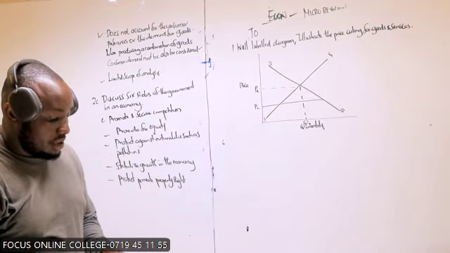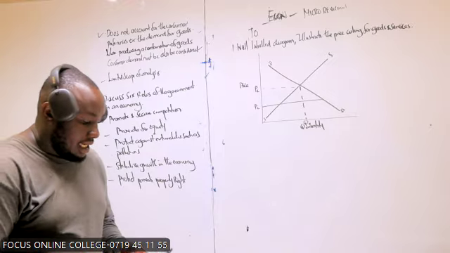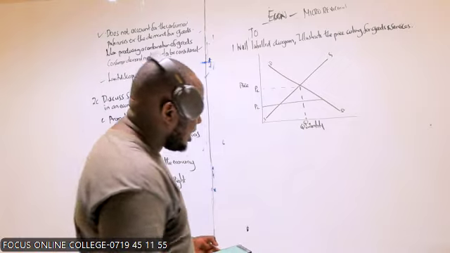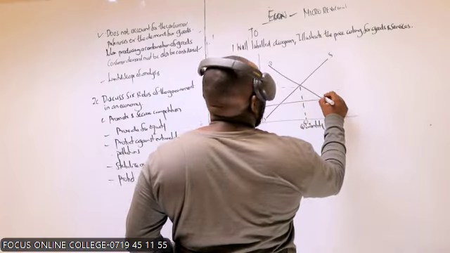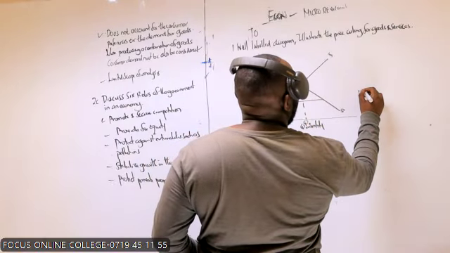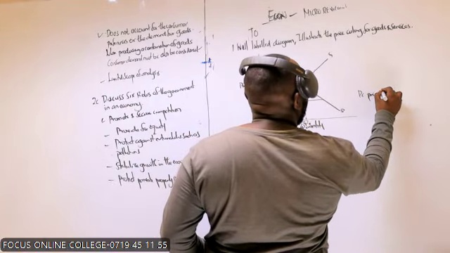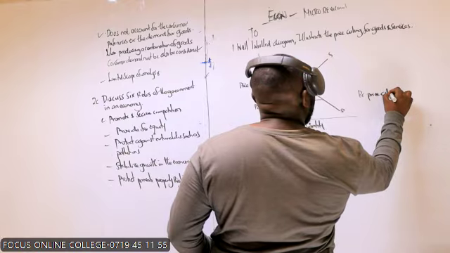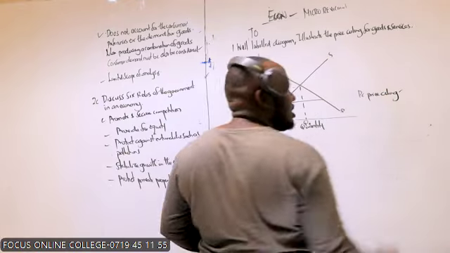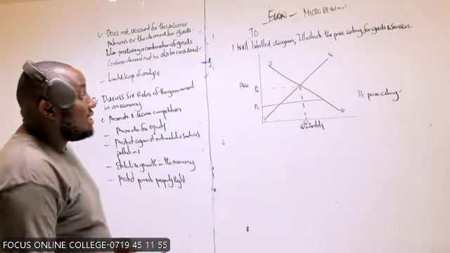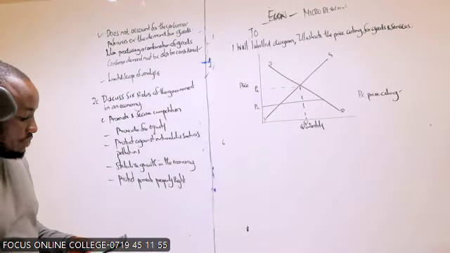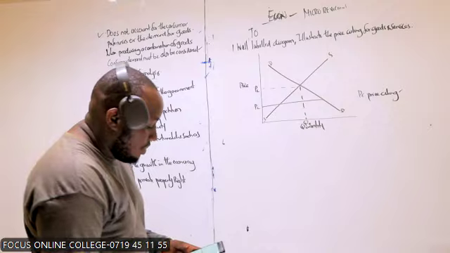We set it below the equilibrium, and the essence of setting it below the equilibrium is basically to protect the consumer. This is now what we call PC. PC is price ceiling. Are we together?